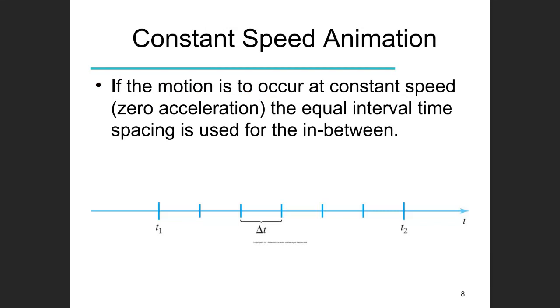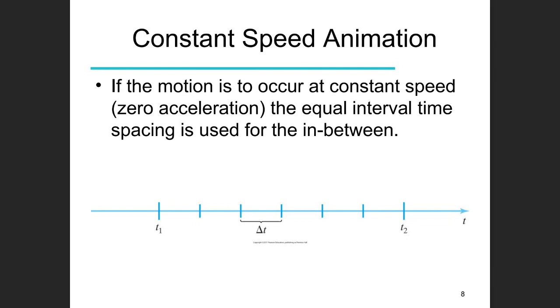Now, after discussing this idea of the keyframe and the in-between frame, we are discussing two types of animation. One is called the constant speed animation. Another is called the accelerated animation. In the constant speed animation, speed is not changing. It can be a fixed speed.